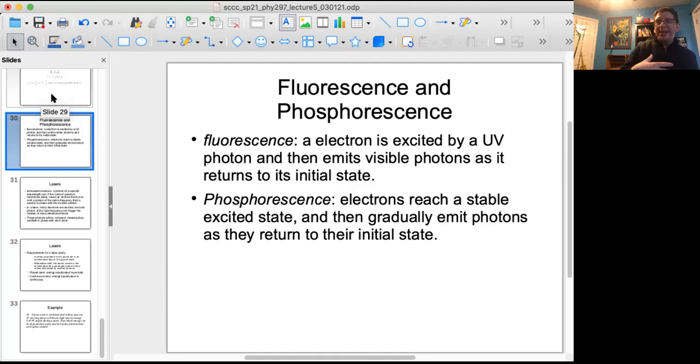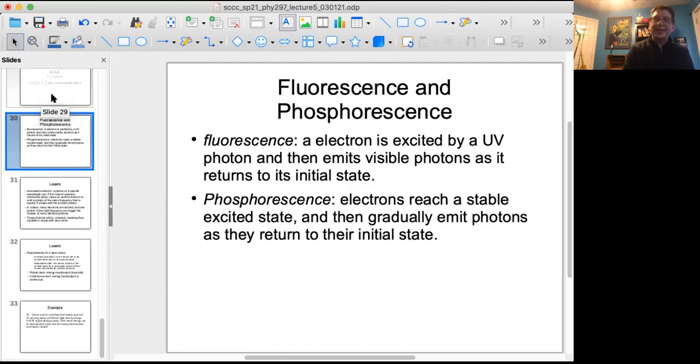So it's re-emitting the radiation, but only very slowly, because the energy that came in excited the electrons to a high energy state that's actually fairly stable, which means the electrons don't get emitted back out right away. Or the photons don't get emitted out right away. So again, the radiation is emitted back out slowly over time. So this is called phosphorescence. And so that's glow in the dark.